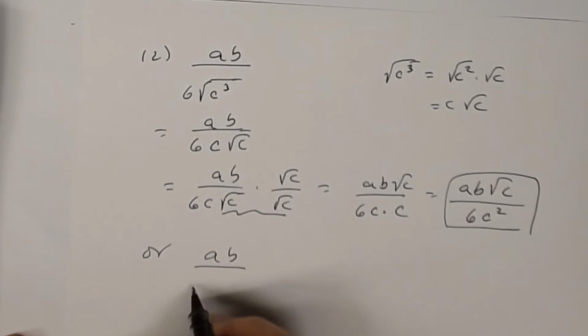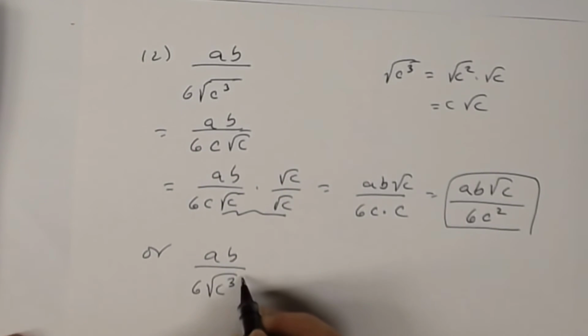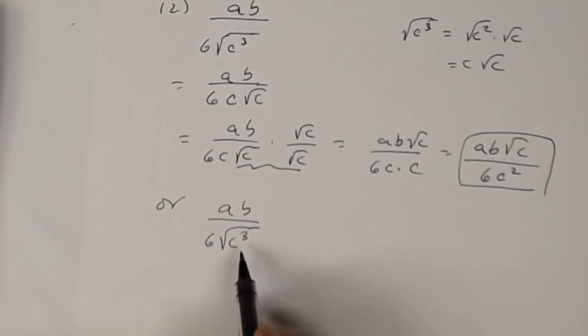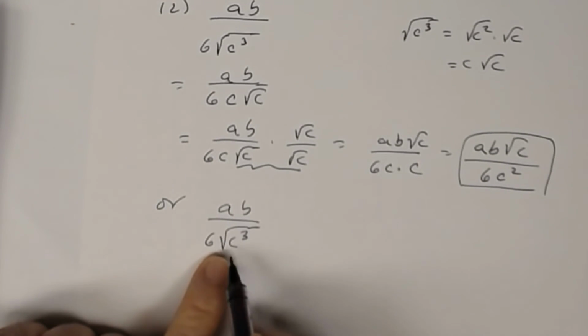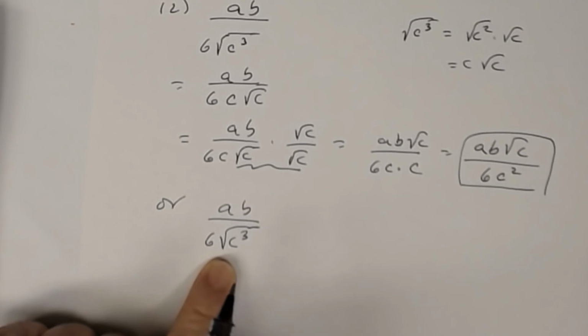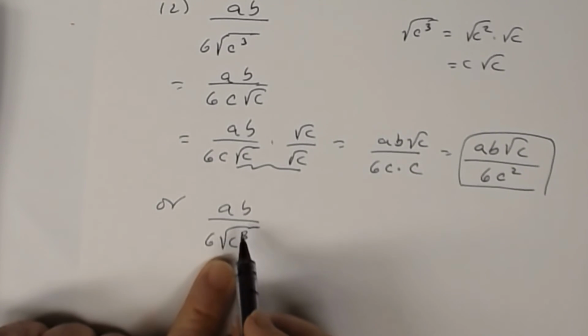So knowing the different approaches can help you to understand things a little bit better. So you know that you cannot simplify the square root of c cubed. Hence, that's why you did this. But I know that if that was a 4, right?